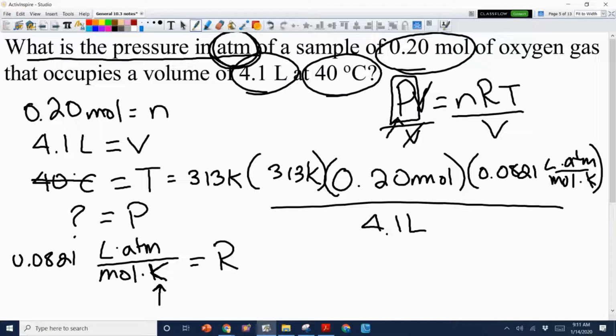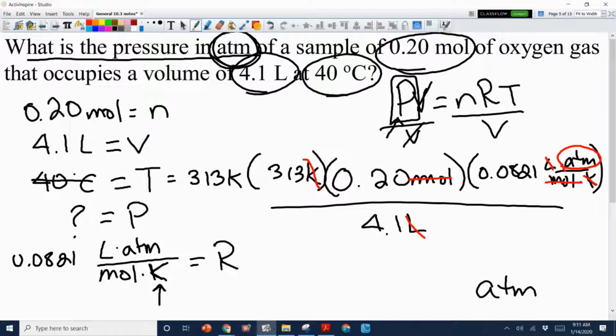Okay, so now we need to cancel what we can cancel. So moles is going to cancel with moles here. Liters is going to cancel with liters here. Kelvin is going to cancel with Kelvins here. And that's going to leave you atmospheres as your answer. And that's what the question is asking for.